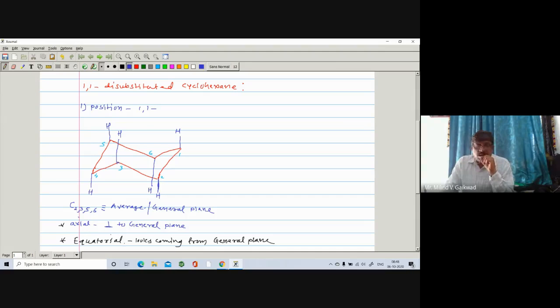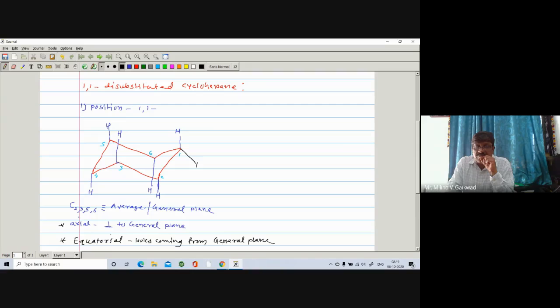Now we have seen the equatorial bonds. On carbon number 1, there is one more bond, and this equatorial bond is parallel to the next adjacent bond. Carbon number 1 and carbon number 6 are the adjacent bond, so next to that one are carbon number 5 and carbon number 6. You have to draw a line parallel to C5 C6.